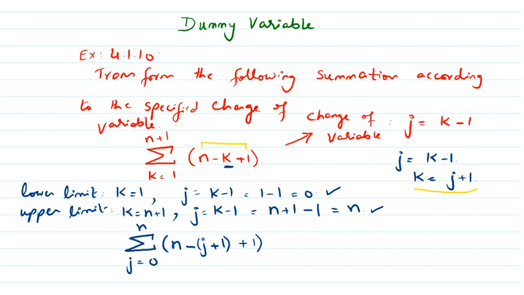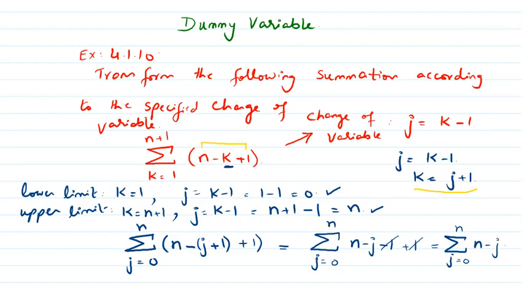So finally this is in fact equals to summation j from 0 to n. ठीक, अब यहाँ पे देखें n माइनस j माइनस 1 प्लस 1, ऐसा ही होगा ना, मैंने इस ब्रैकेट्स को ओपन किया, ये दोनों कैंसल आउट हो जाएंगे and what I am left with is this is equivalent to summation j from 0 to n minus j, right?